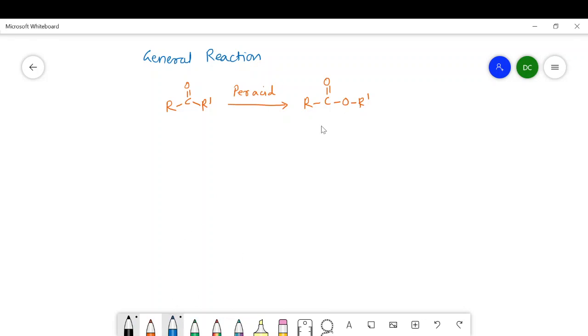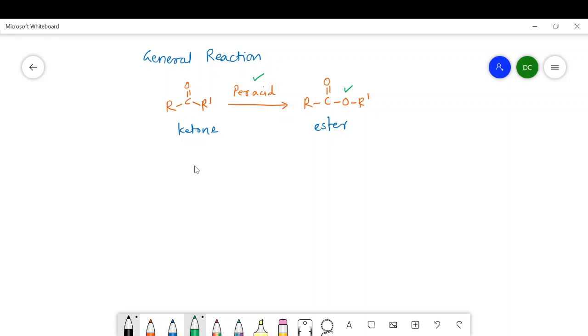This is the ester. When we look at the structure of this product and this reactant, it is confirmed that there is insertion of oxygen between carbonyl carbon and alkyl group. It may be R dash or R, and it is possible only when we use a per acid.